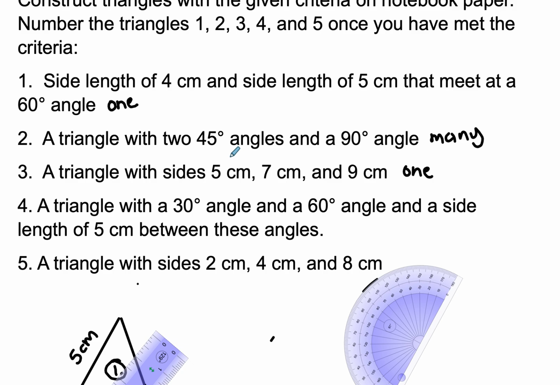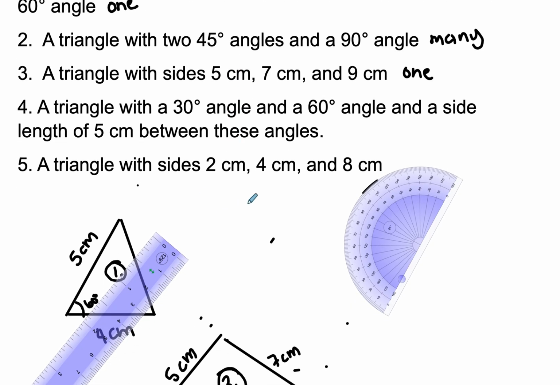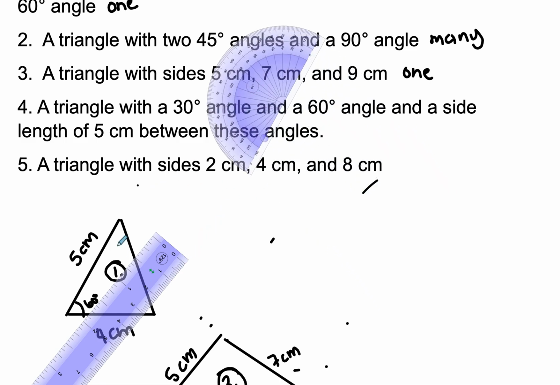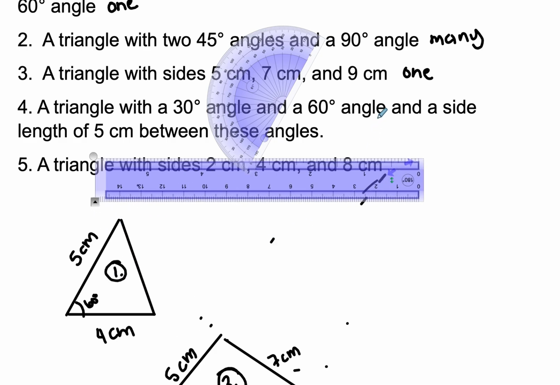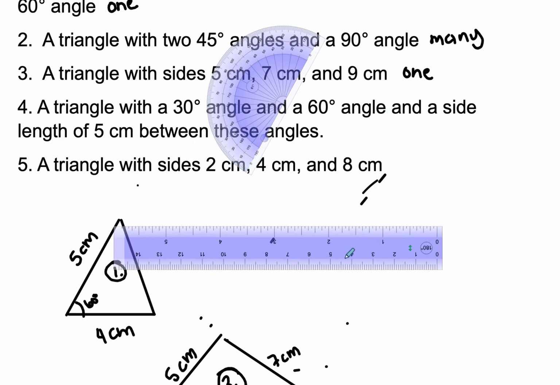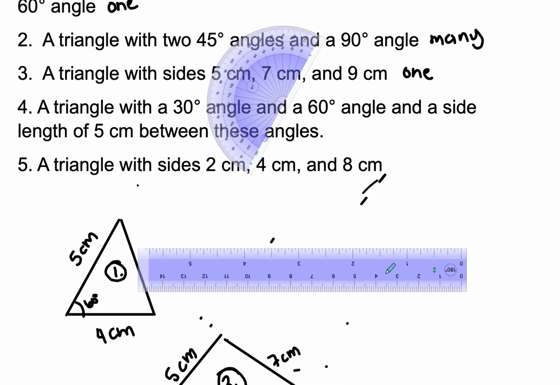Okay, for number 4, a triangle with a 30-degree angle, a 60-degree angle, and a side length of 5 centimeters in between these angles. Now, if you didn't get down to number 4 yet, you should do it with me. All right, now my centimeters are upside down, but that's all right. 5 centimeters would be here.